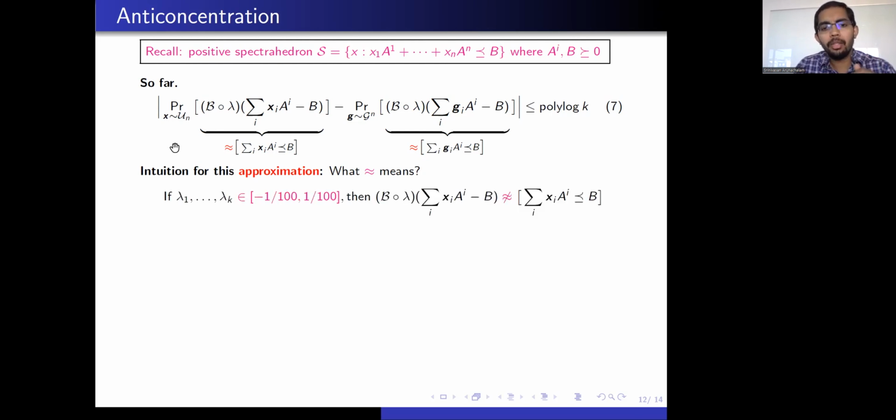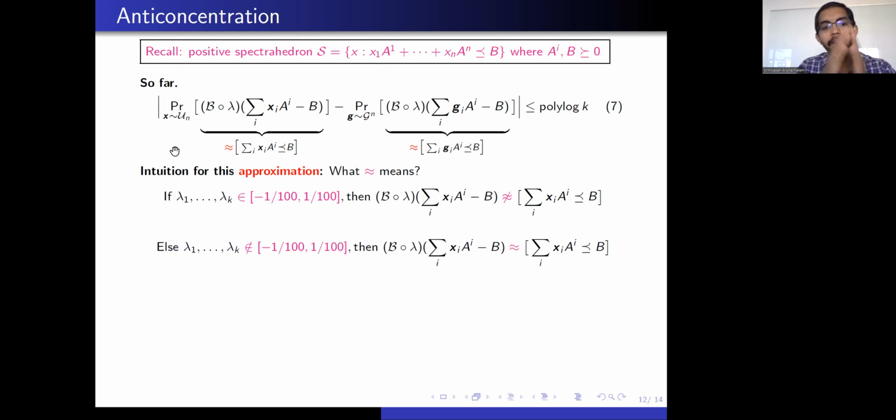If the eigenvalues of the matrix summation xi ai minus b are very close to 0, then this Bentkus modifier, when applied to the eigenvalues of summation xi ai minus b, is very far from deciding whether summation xi ai minus b is less than b or not. So if the eigenvalues are very close to 0, this approximation is bad.